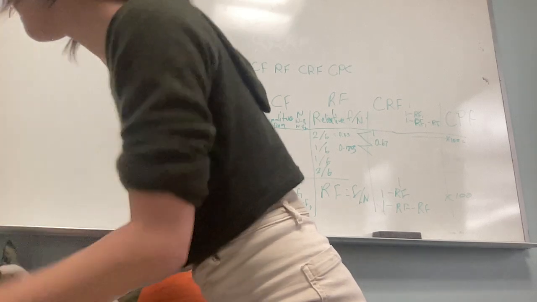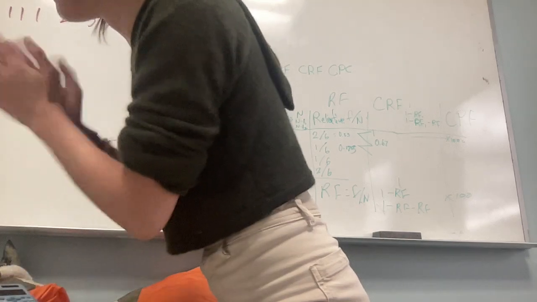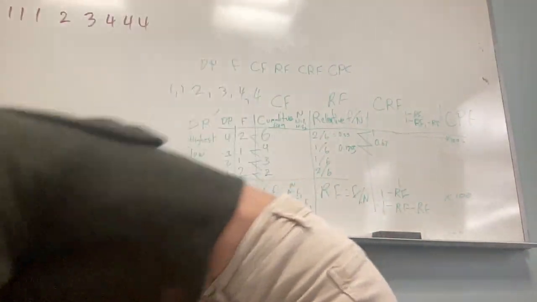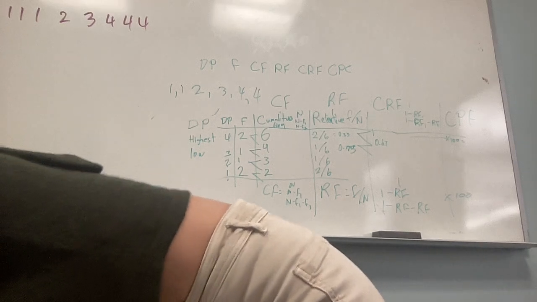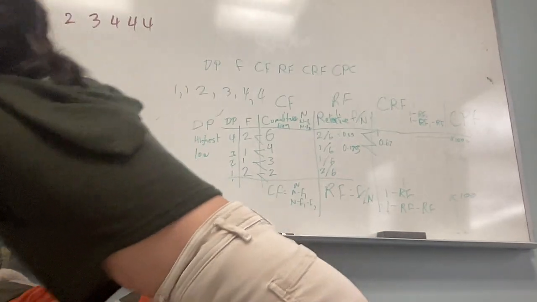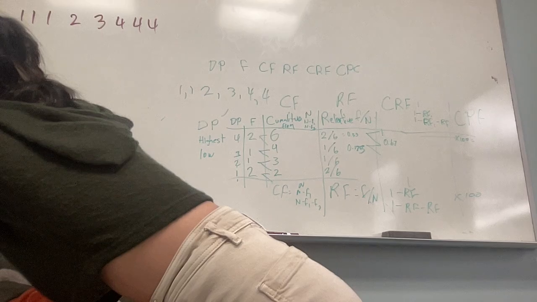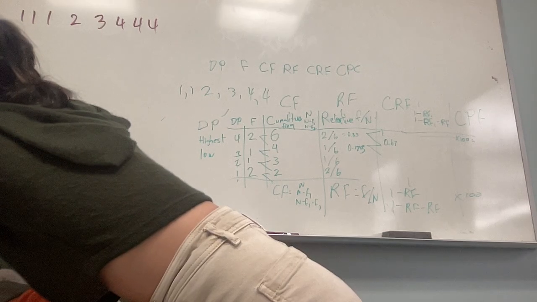Wait. Let's just say that it's perfect. Wait, what happened? We're going to fix it. 1 minus 0.375 equals 0.625.